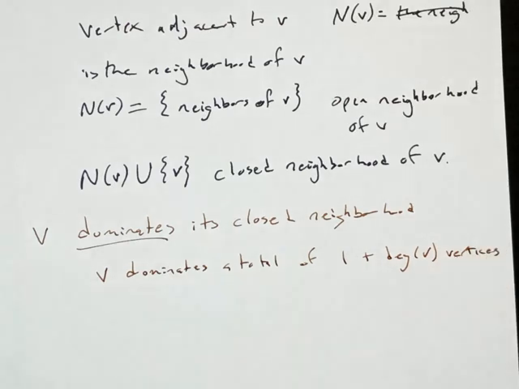Why 1 plus? I'm including V itself. The degree gets all of the open neighborhood, the 1 plus gets V itself.